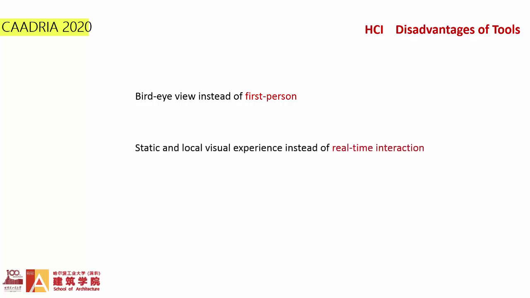And architectural rendering, although it has realistic and robust dynamic expressive force, can only provide a static and local visual experience. This is also the same with 3D modeling, as there isn't much real-time interaction with the virtual information.